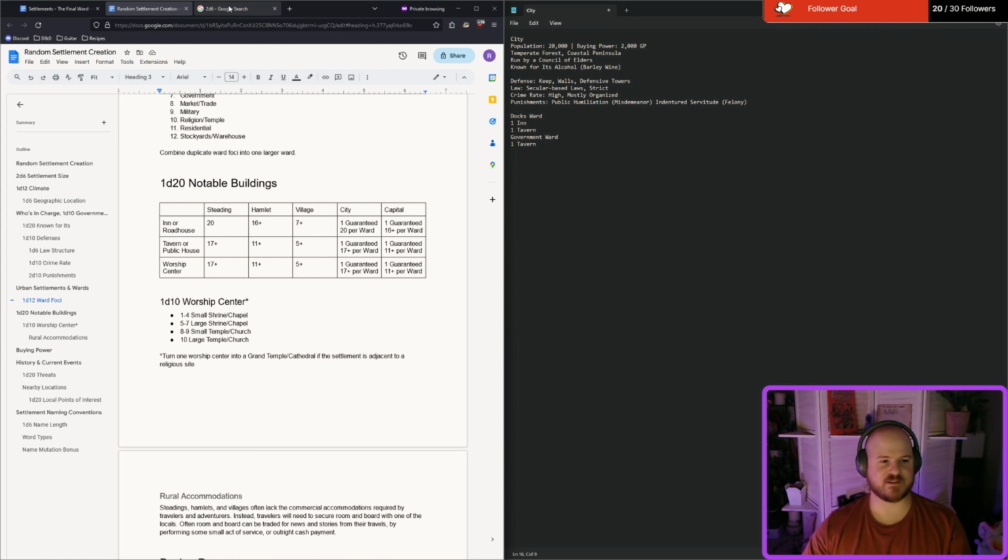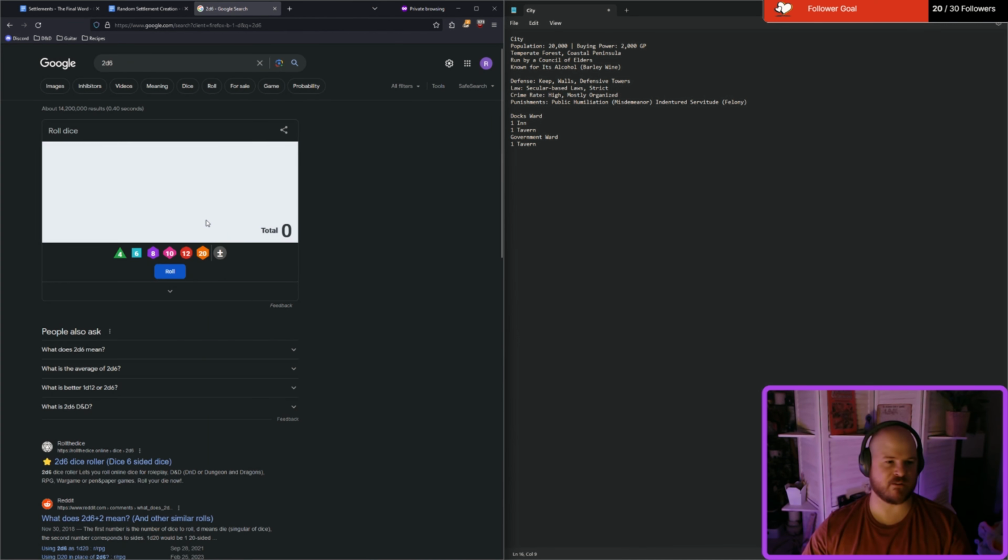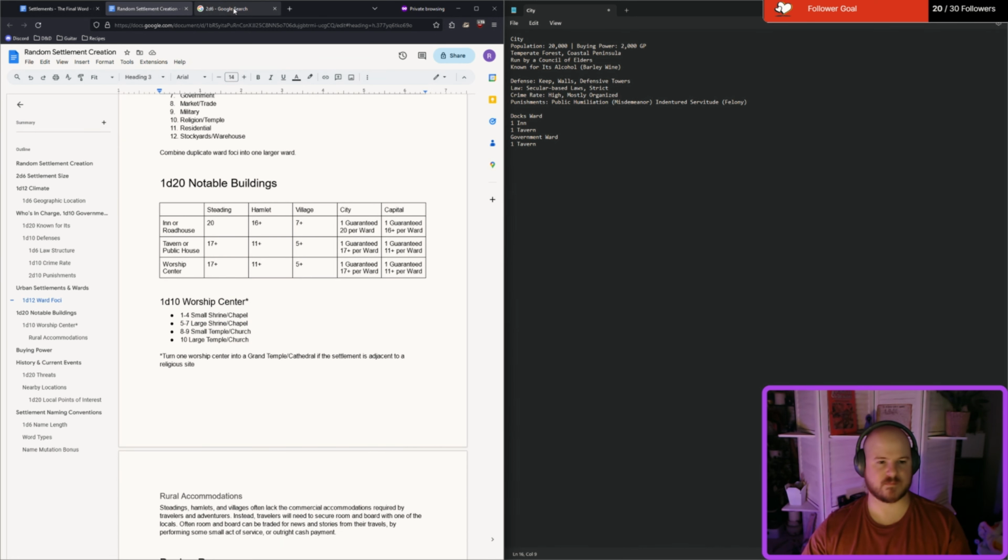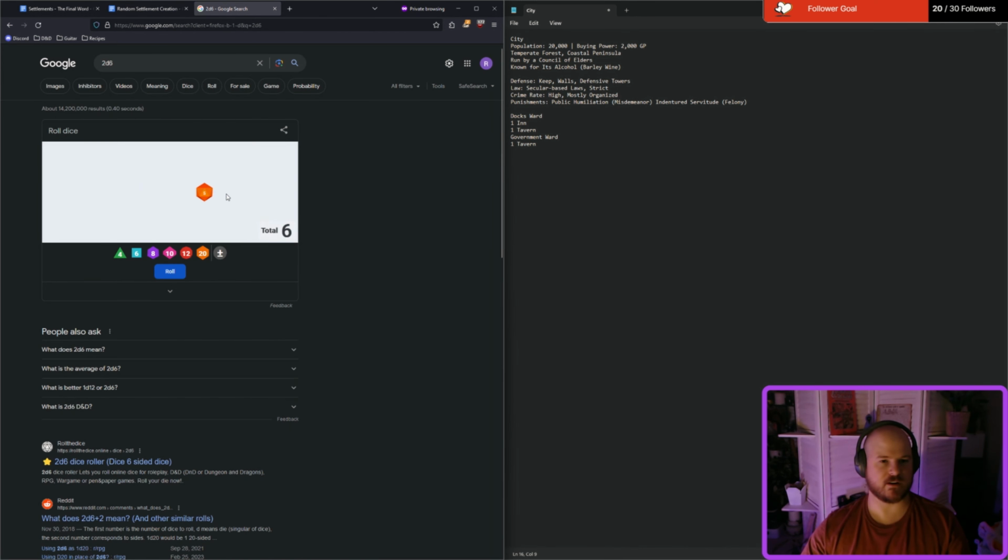And then our last one is sort of a worship center. So we're guaranteed to have one worship center. That's it. Alright, so I think the one worship center is definitely in the government area, not down by the docks. This could be some sort of temple or church or cathedral, whatever it is.